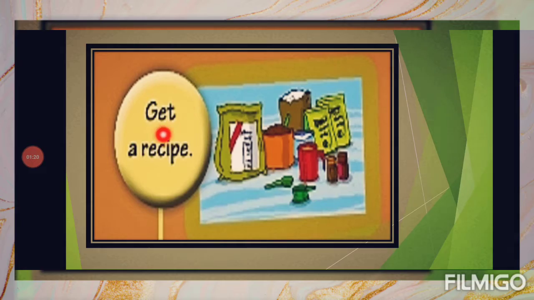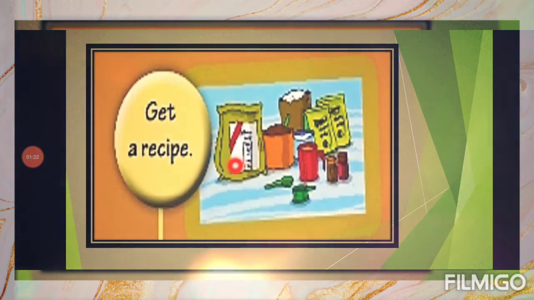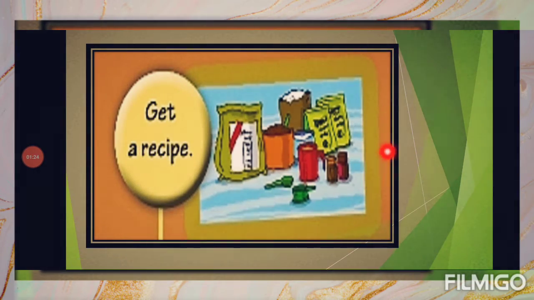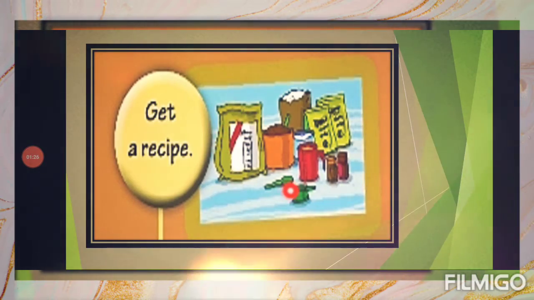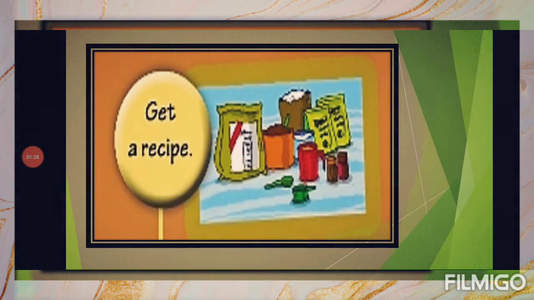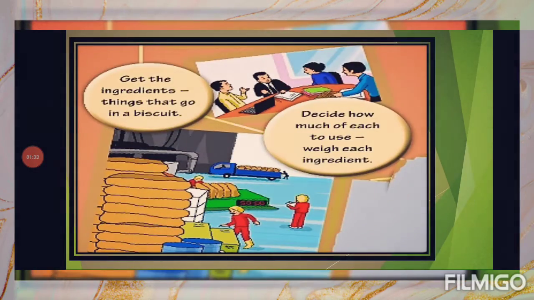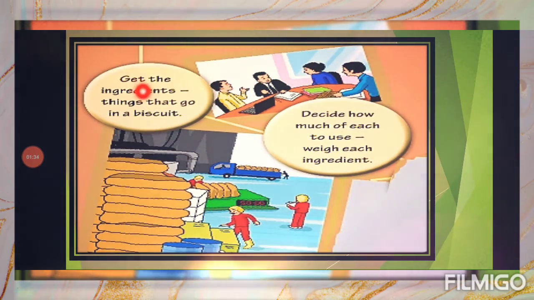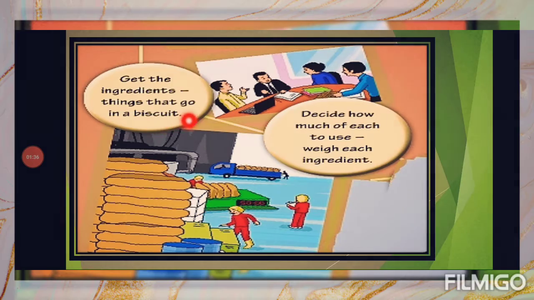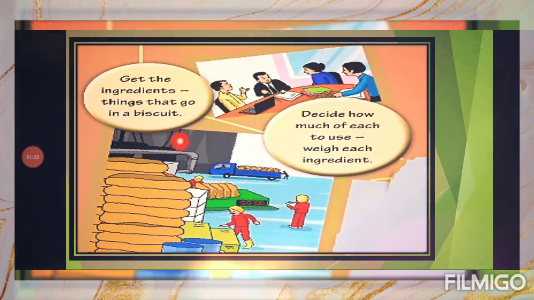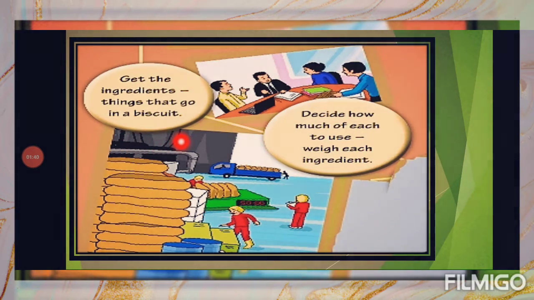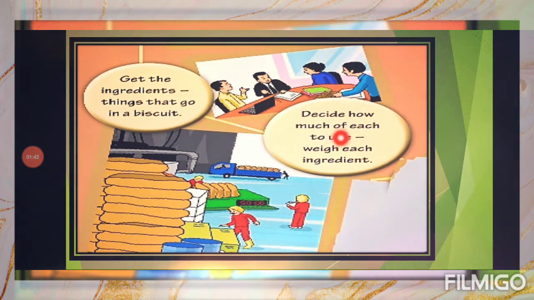Now first get a recipe. First, get all the ingredients needed for making a biscuit, the things that go in a biscuit, things that are required to make a biscuit.